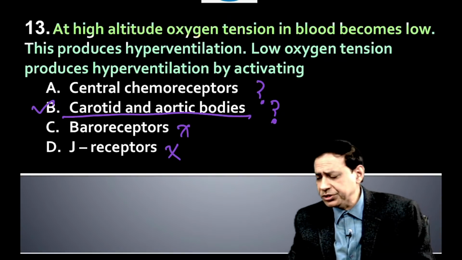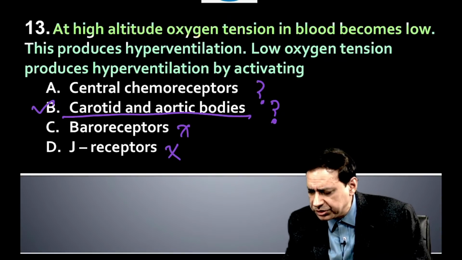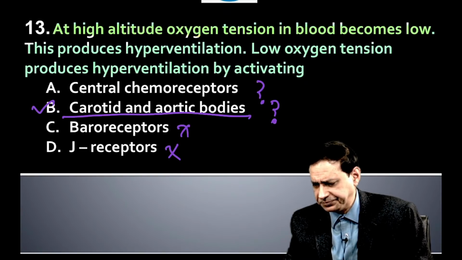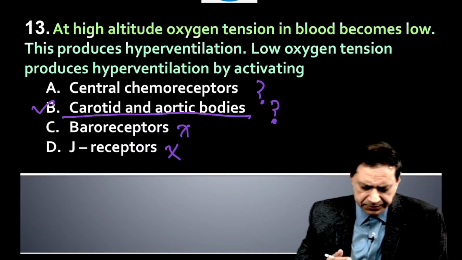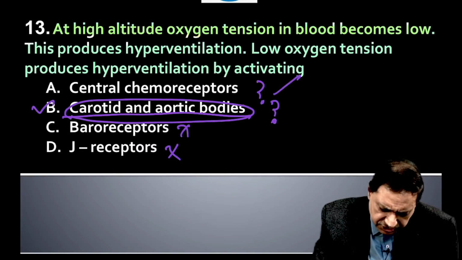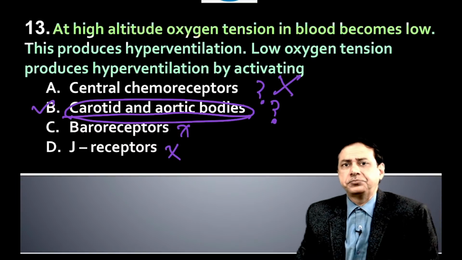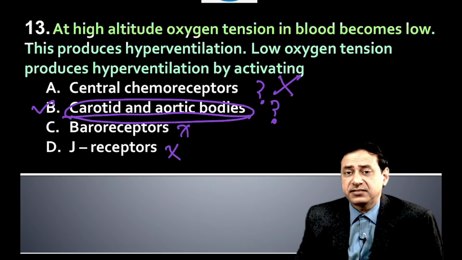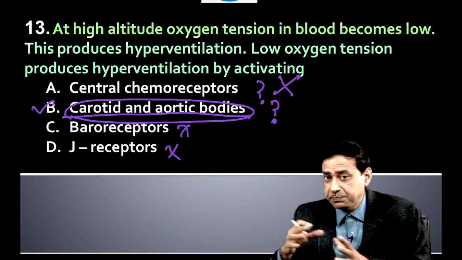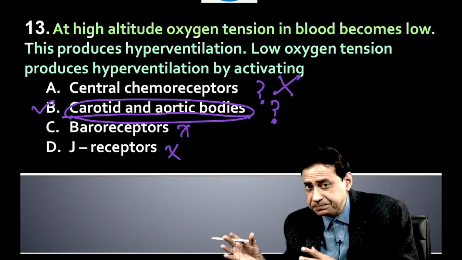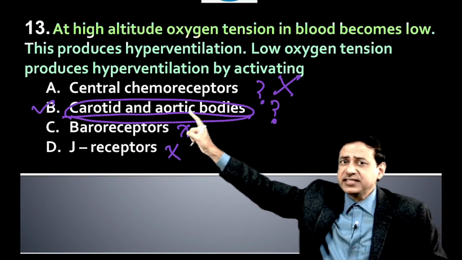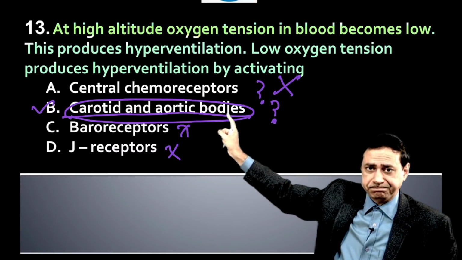Carotid and aortic bodies are peripheral chemoreceptors. There is no scope of central chemoreceptors. Respiratory regulation is done through central and peripheral chemoreceptors.